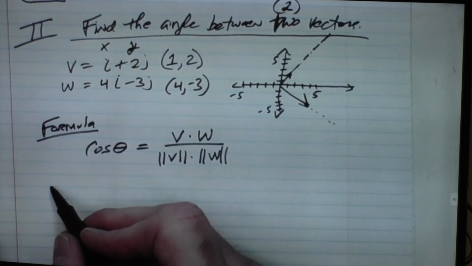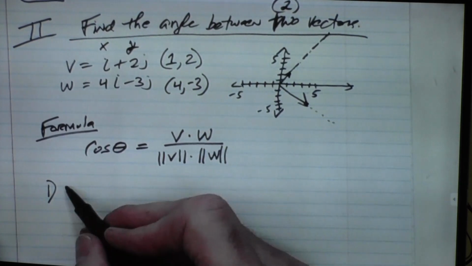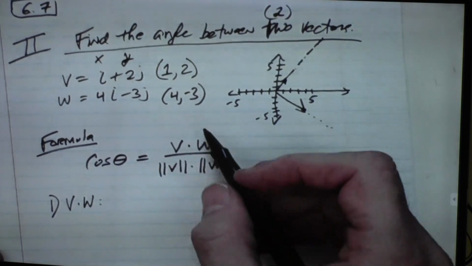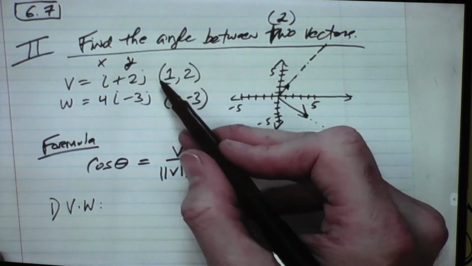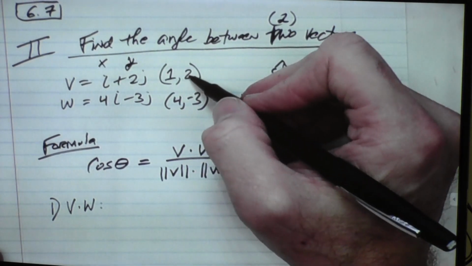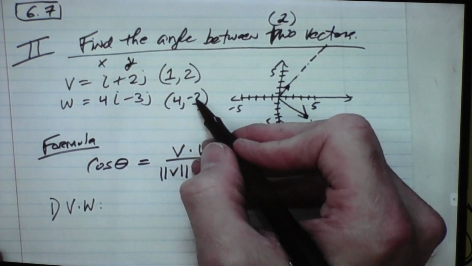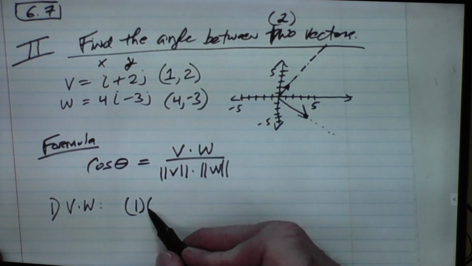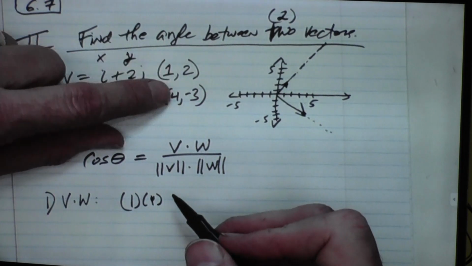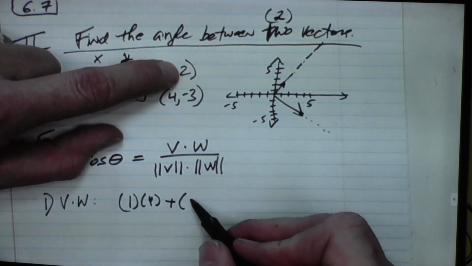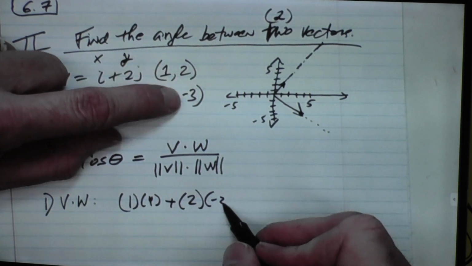So I consider step one to be doing v times w, which we just did before. Remember now, a and b. So by saying x and y and x and y, I'm also saying a1, b1, a2 and b2. So that means I'm going to do 1 times 4, a1 times a2, plus b1 times b2.